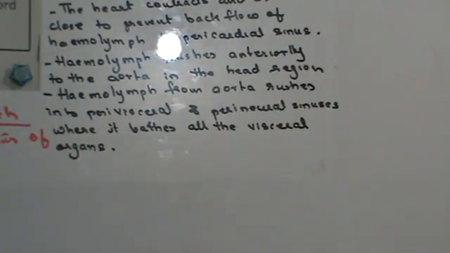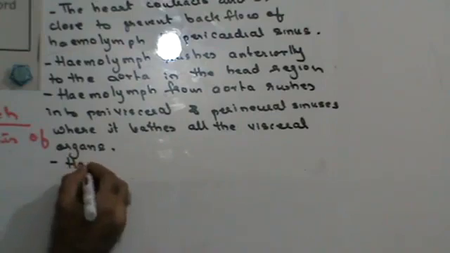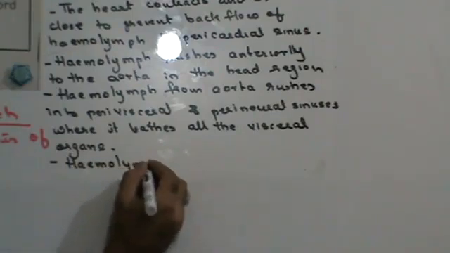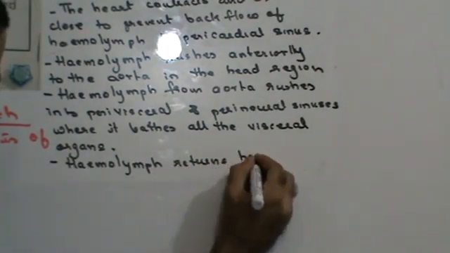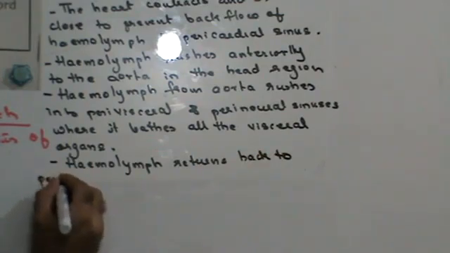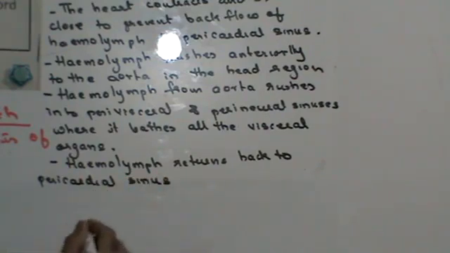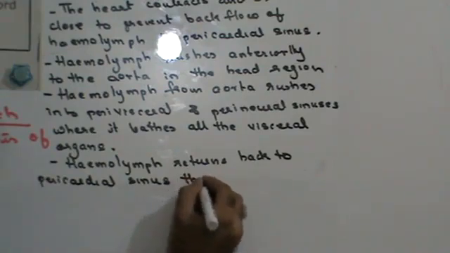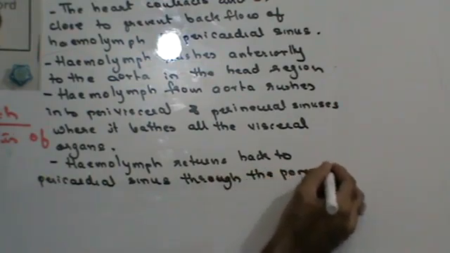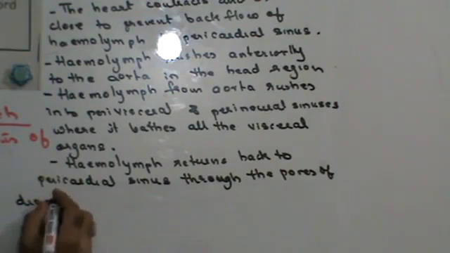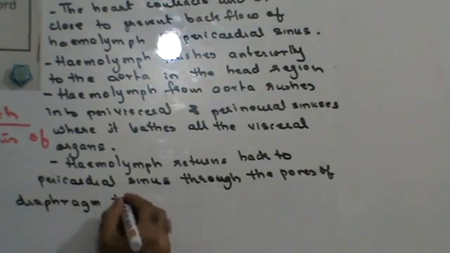The hemolymph then returns back to the pericardial sinus through the pores of the diaphragm to repeat the cycle continuously.